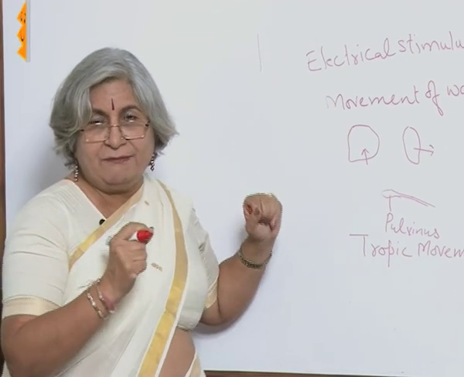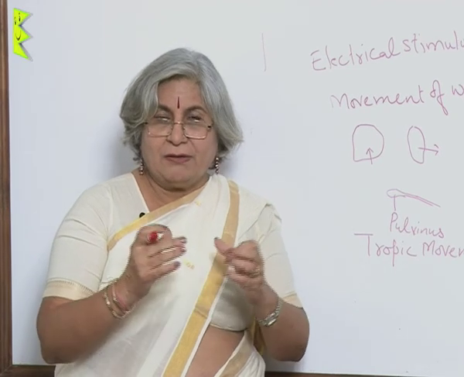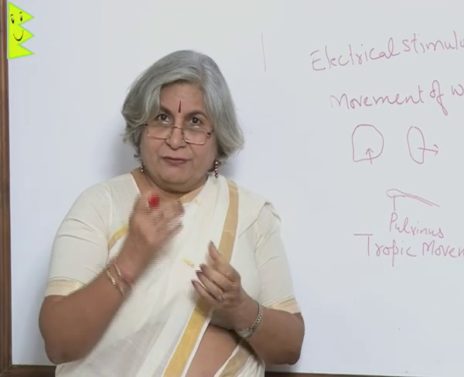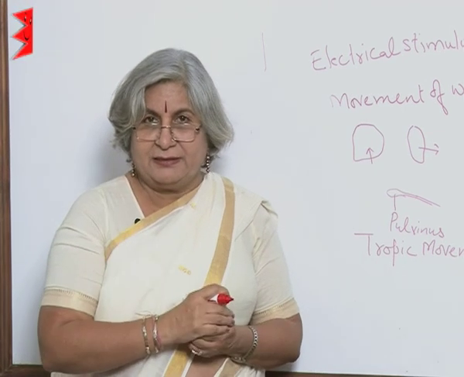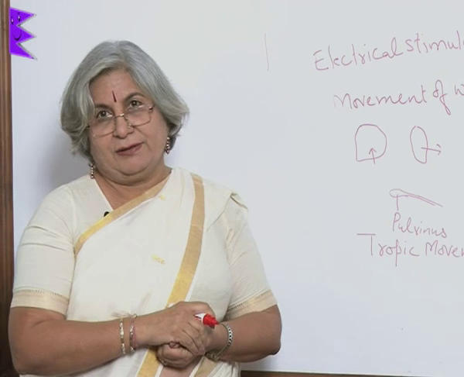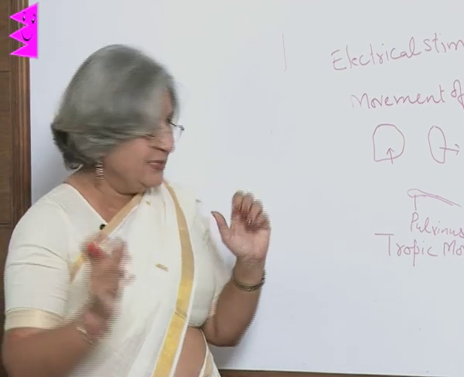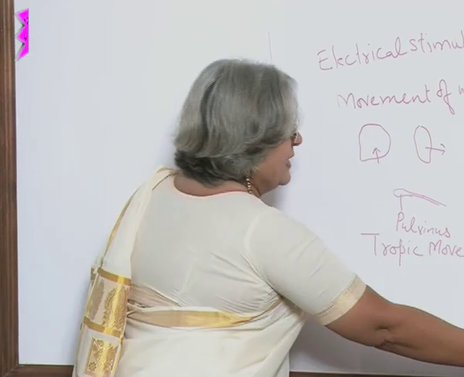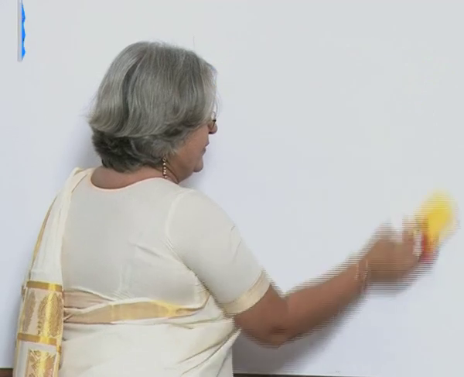Secondly, the movement in the case of sunflower or any other movement in a plant due to sunlight or gravity of the earth, they are slower. So, basically keep in mind these two differences. You can have a table, and in that table you can keep these two points.